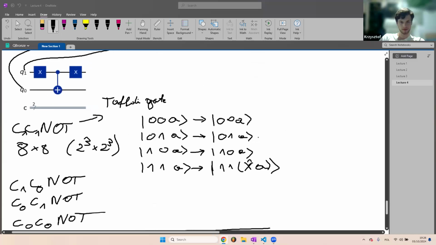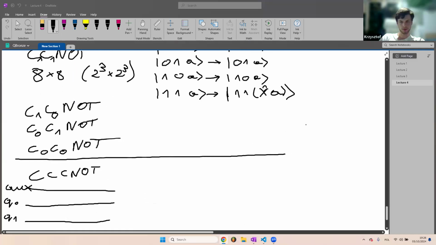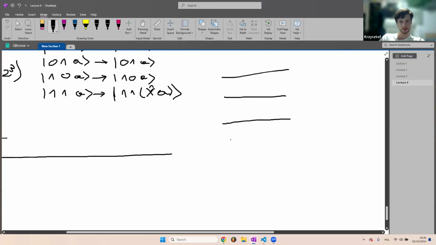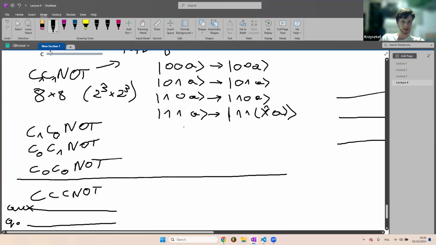I'm sorry, here we have 3 qubits. Okay, so let's once again write the circuit representation of this Toffoli gate.